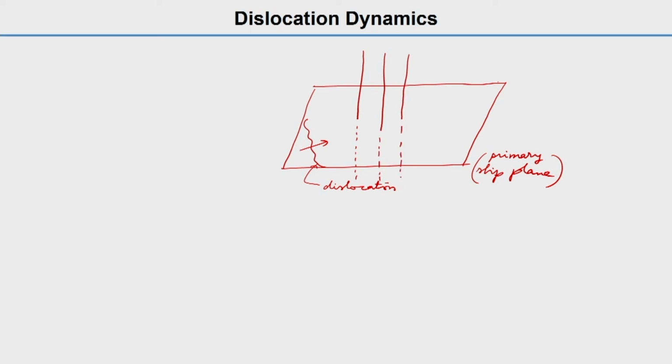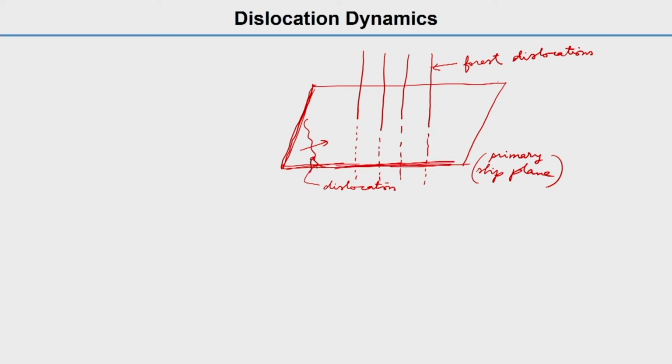so I will tell what these dislocations are. These are called forest dislocations, and these dislocations are perpendicular to the slip plane. So you have the slip plane, sorry, this is the dislocation line.